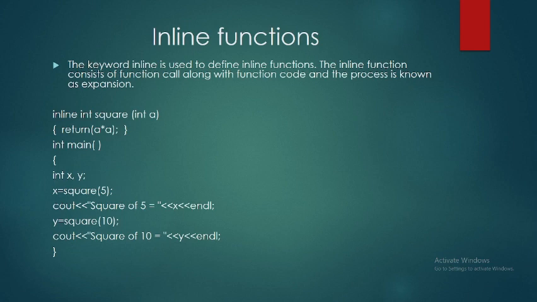I'll let you know. These are compact function calls and the size of the object code is reduced. The speed of execution of the program increases because here the function call is replaced by the function body. The readability of the code also increases since it is just a one-line code.